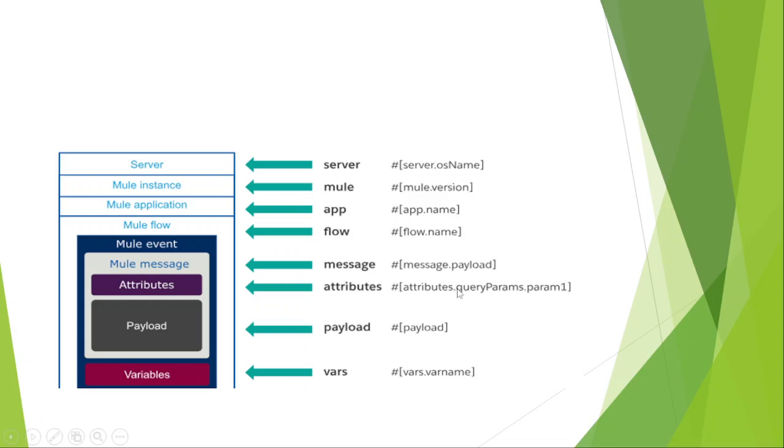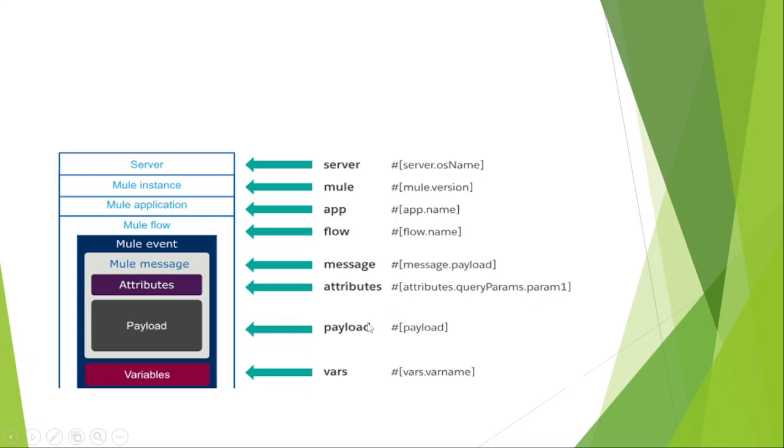If you want to access some URI parameter, you write attributes dot URI parameters dot the field name. If you want to access a header value, you write attributes dot headers dot the field you want to access.